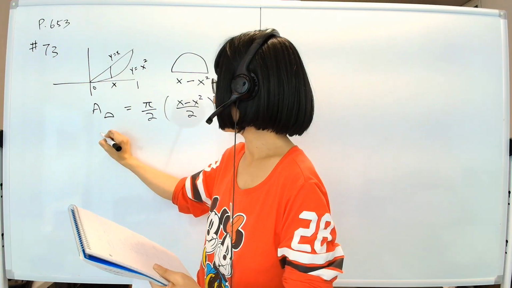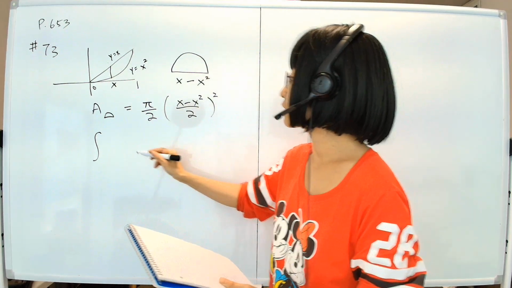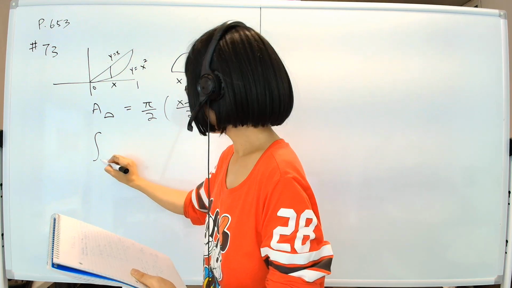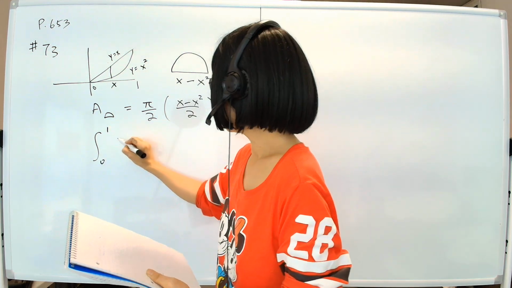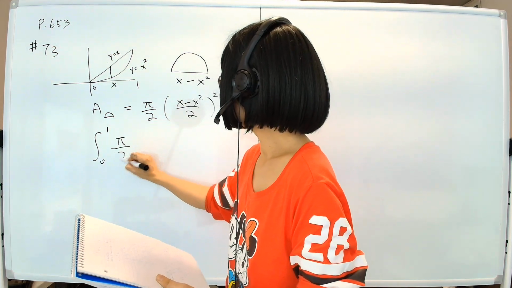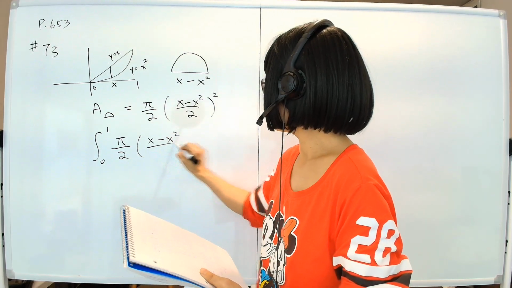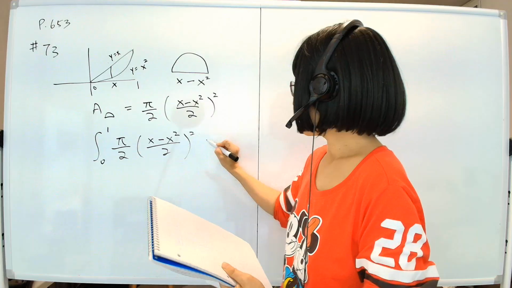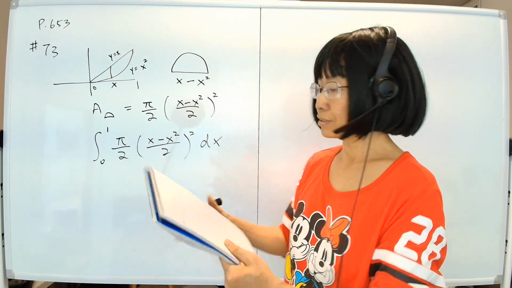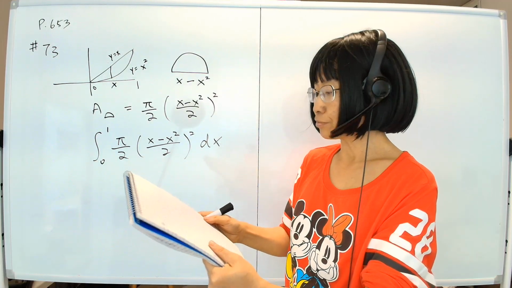So we're integrating with respect to dx, from 0 to 1, the area, and all the stuff, x minus x squared over 2, squared, and then dx. Once you calculate that, that should be the answer.